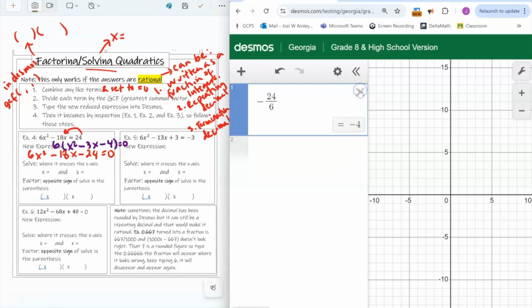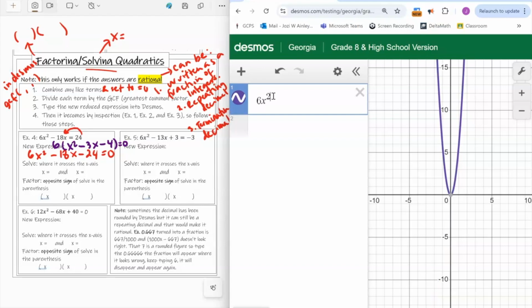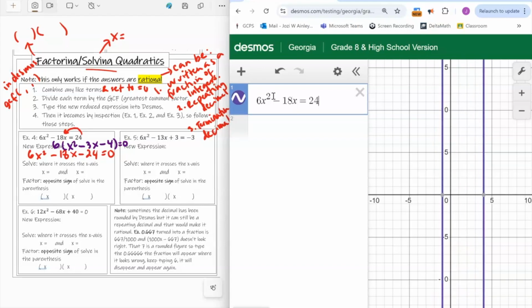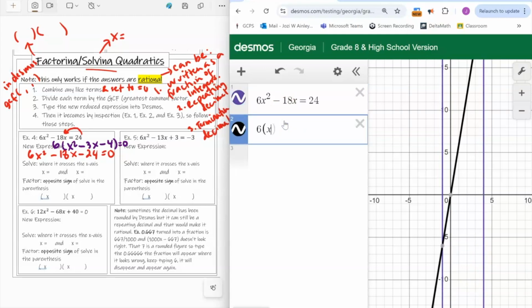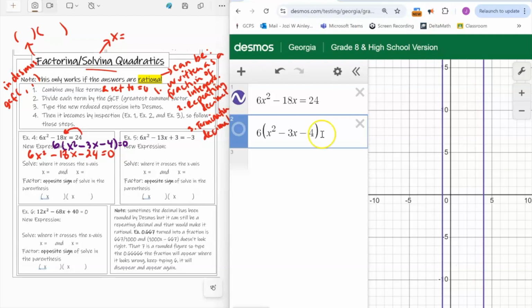Now, to make sure that I've got the exact expression, I'm going to start with the original, 6x squared minus 18x equals 24, to make sure my reduced one is correct. So I have 6 times x squared minus 3x minus 4 equals 0, and if it's correct, it's going to match and go right over it.